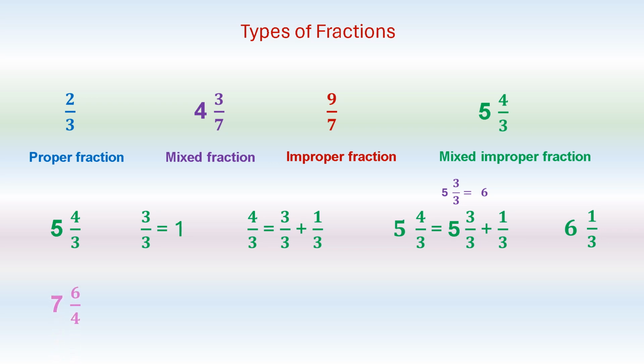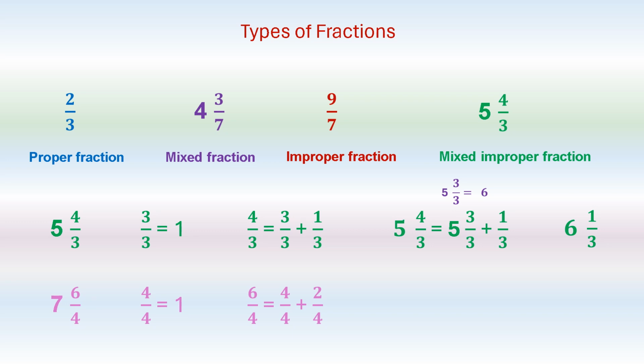So if we had the number 7 and 6/4, so we need to think of how many 4's can go into 6 and what the balance is, what's the leftovers. So we know that 4/4 is equal to 1 whole. So we say 6/4 is equal to 1 whole, which is 4/4, and 6 minus 4 is 2.